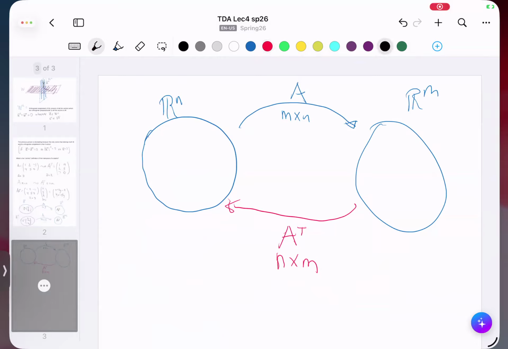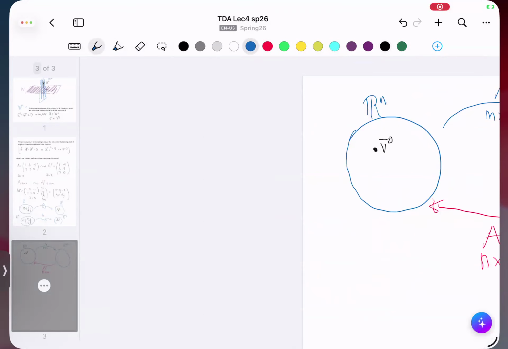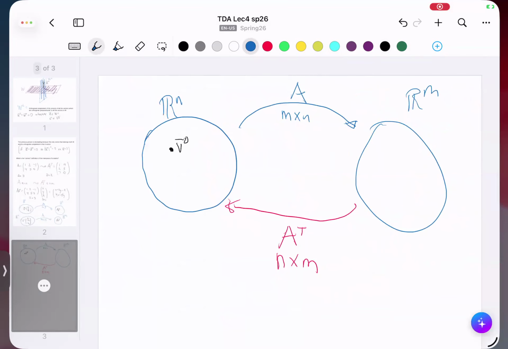Okay, so let's follow the diagram. You can start with the vector v. If you use the matrix A, oops, sorry about that, you get A times V. And let's say that you have another vector, which I'm calling U here.